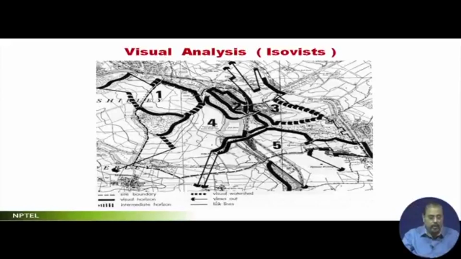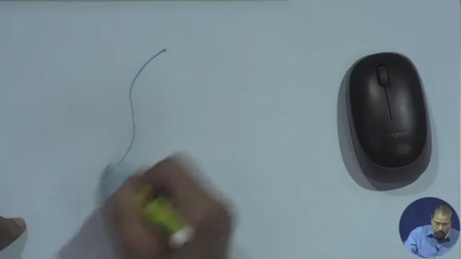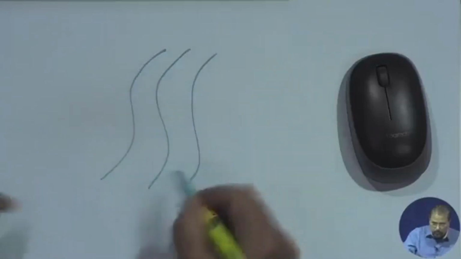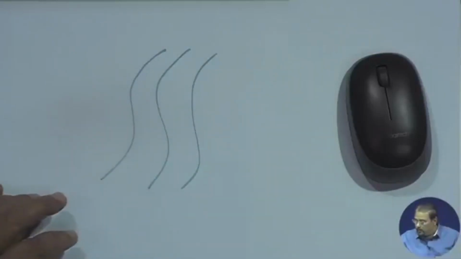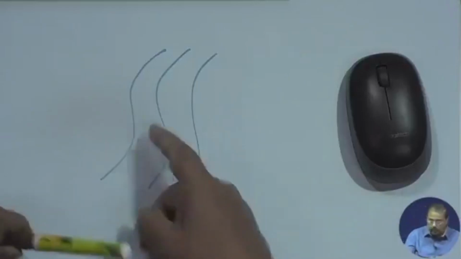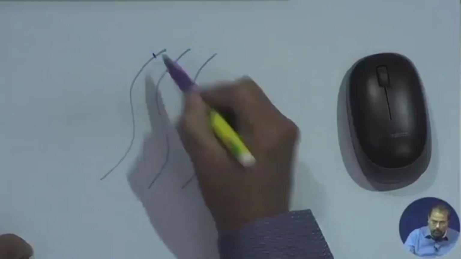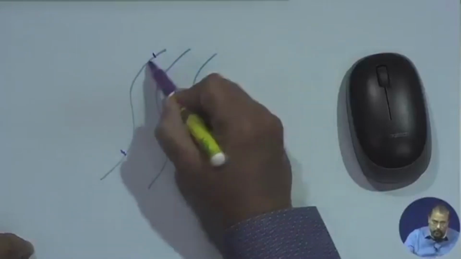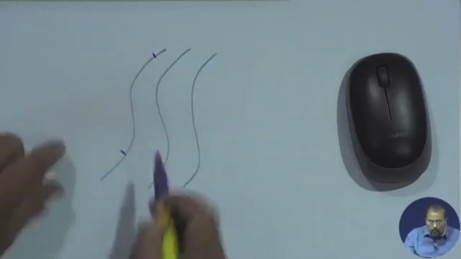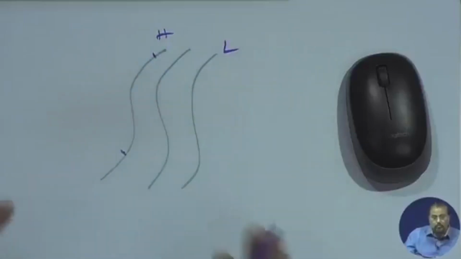So if you find that in a certain area you are getting a very strong potential, I will show it with one sketch here. Suppose starting from here to this, you have a good view potential downhill. This is high, this is low.